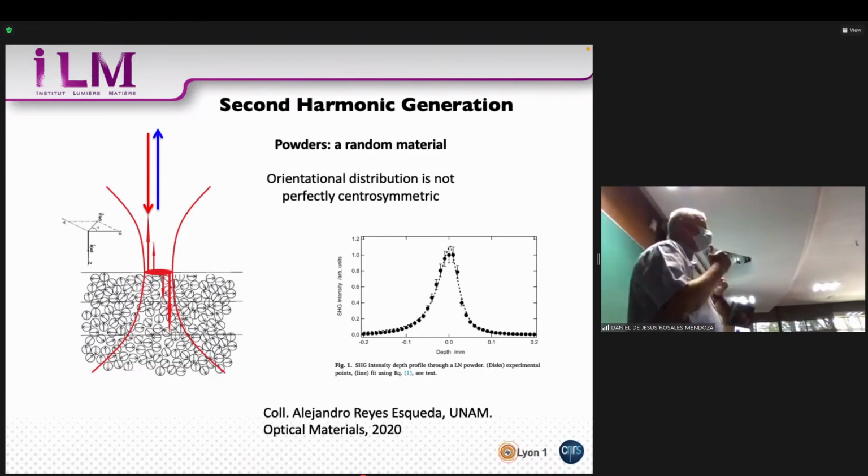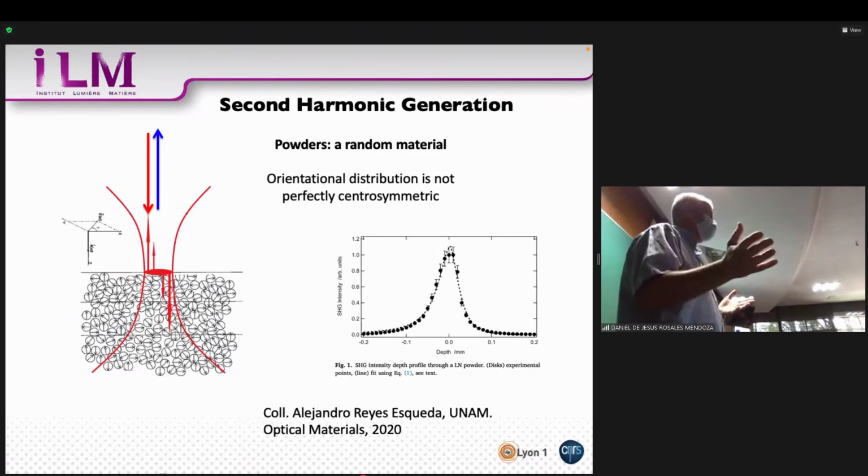So you see that this signal demonstrates that you can get second harmonic from a random material. In this case, you see that the rising edge is totally defined by the beam waist, and you control that by the numerical aperture of your focusing lens. But the decrease is due to multiple scattering, because in most cases, in your powder, you will lose your signal due to multiple scattering.